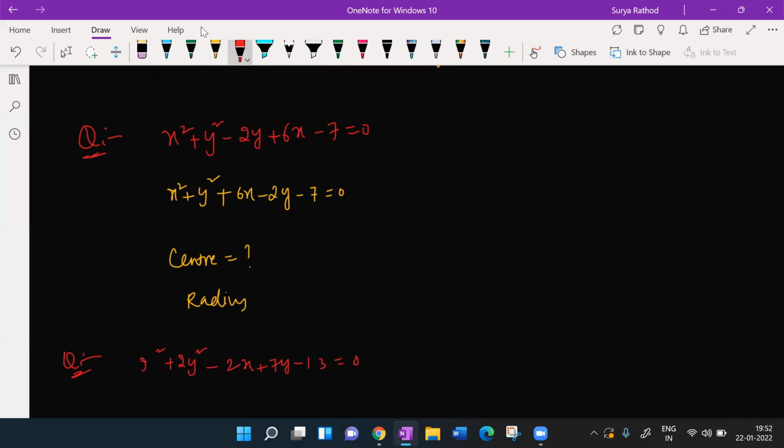Okay, so solve these two and make it fast. So for the first question, radius is... Yeah, you keep solving. I'll solve and just evaluate, please.